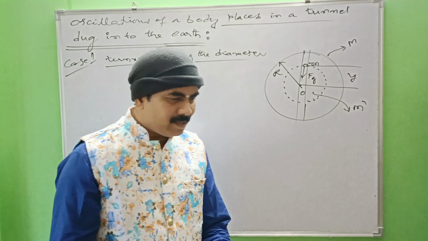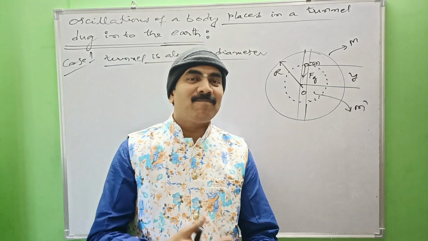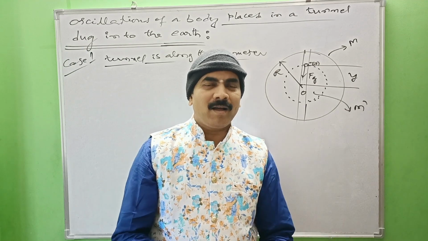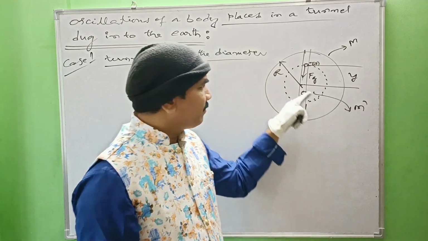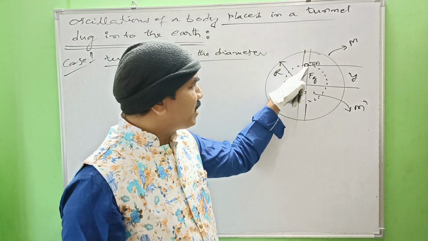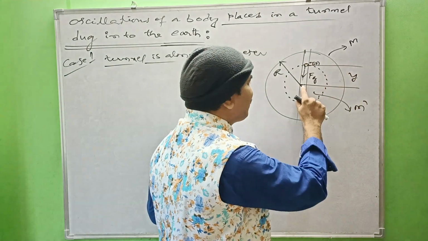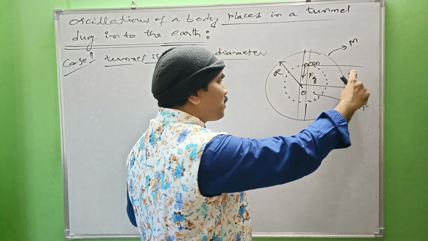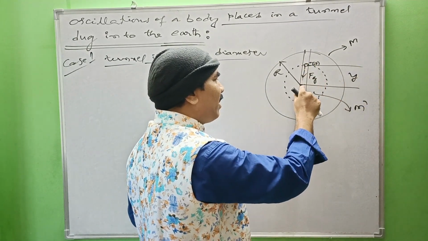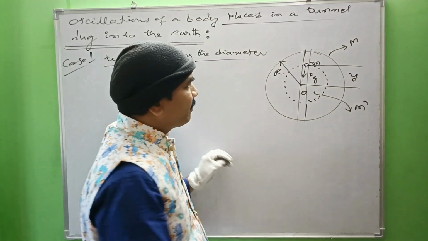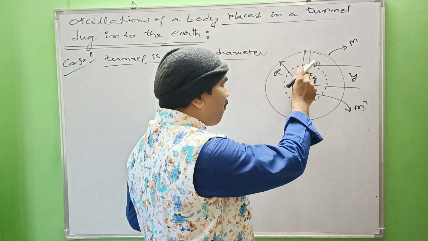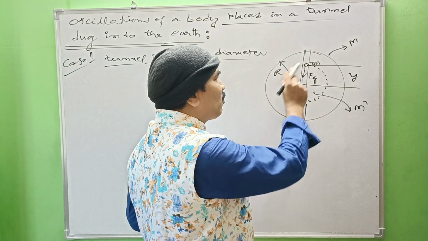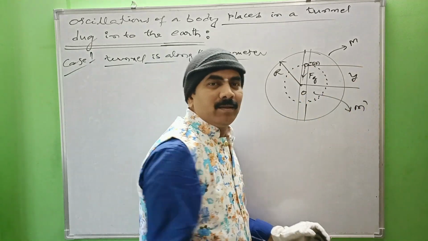Whenever a body is on the surface, otherwise outside of the surface of the earth, the earth attracts it with its entire sphere. But here, a body of mass small m is placed at a distance y from the center of the earth O. That is equal to saying that the body is placed on the surface of an effective sphere of radius small y only.